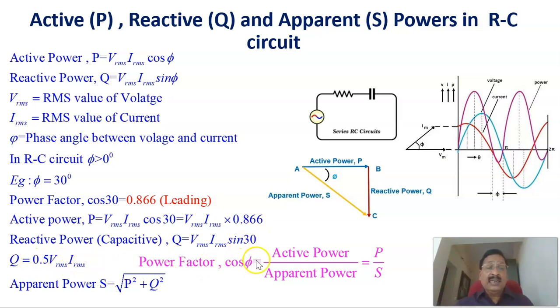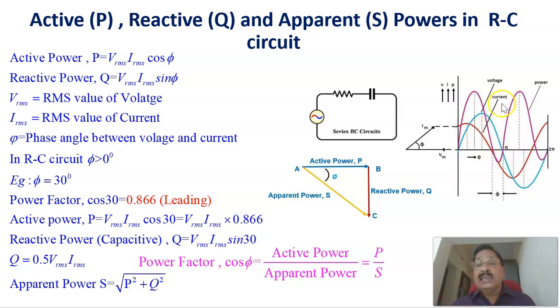The power factor is given again by the active power divided by the apparent power, and the apparent power is given by root of P square plus Q square. It is the same as the RL circuit, but the only difference is that the power factor is leading here. You can see that the current is leading the voltage. Here are the voltage and the current.